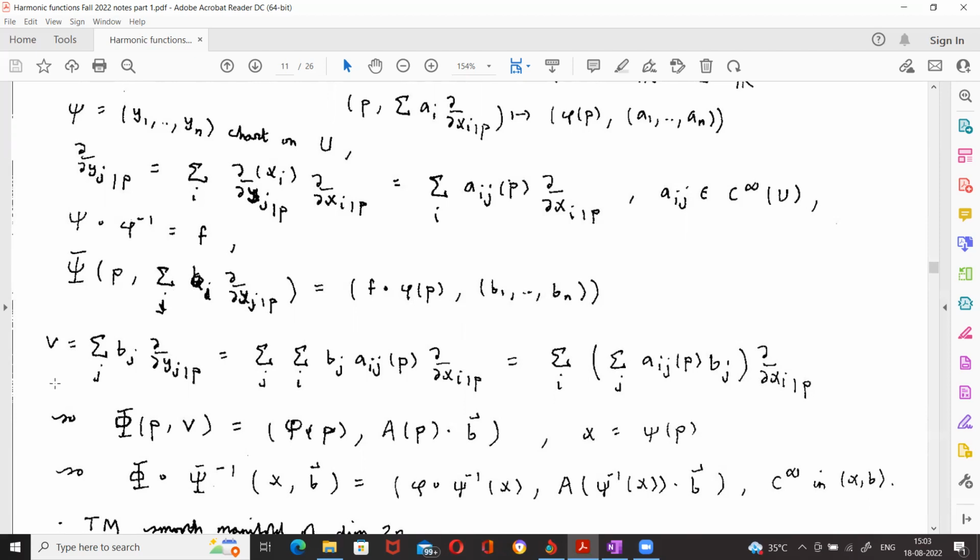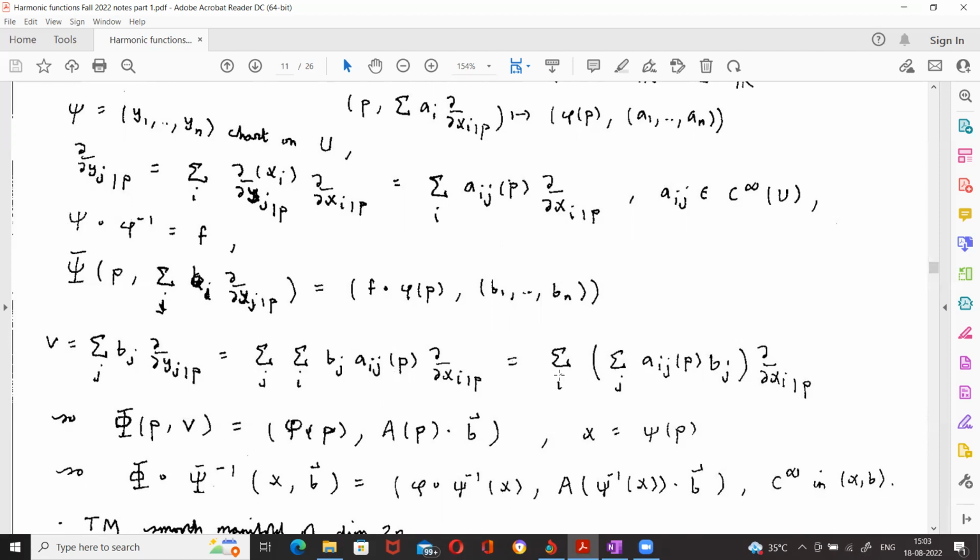But using this change of basis formula, I can also write it in terms of the basis del/del xi. I substitute del/del yj as the sum over i of aij del/del xi, and interchange the order of summation.